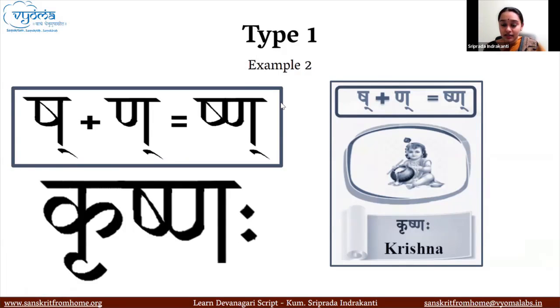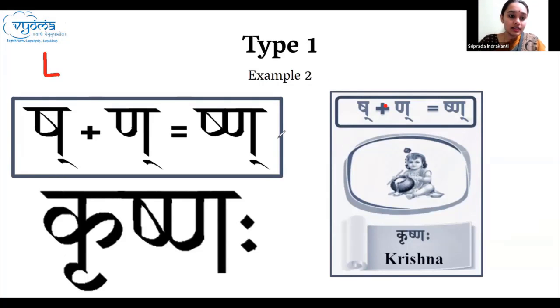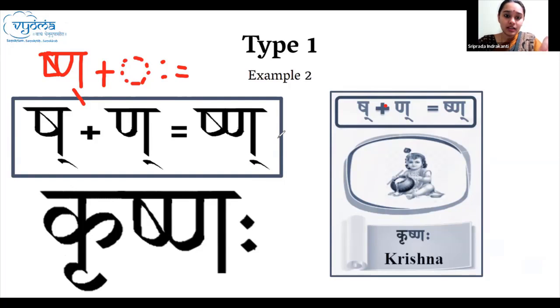Another thing regarding visargas. So for example, this is shna, half, and when you add it with a visarga, then it becomes shnaha, if that makes sense.